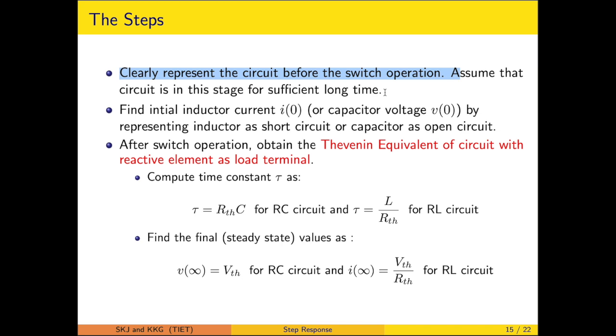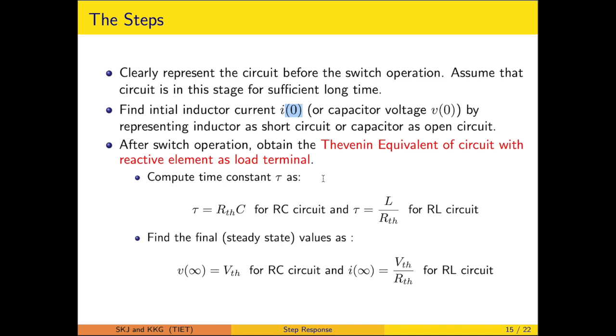Thereafter, you can represent the fully charged capacitor like an open circuit, or the inductor like a short circuit, and therefore calculate the capacitor voltage V0 or the current I0 as applicable in case of the RC or the RL circuits. Now thereafter we need the time constant tau, which depends on the circuit parameters.